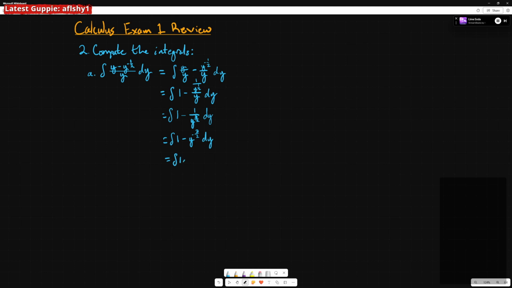So that's the integral of 1 dy minus the integral of Y to 3 over 2 dy.